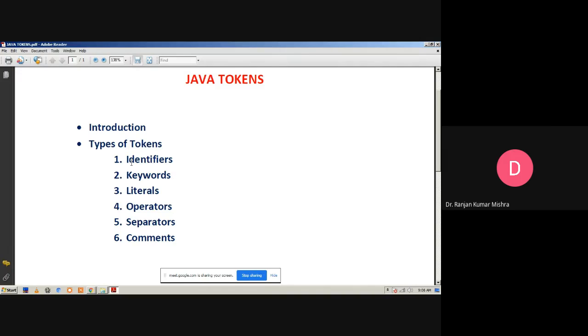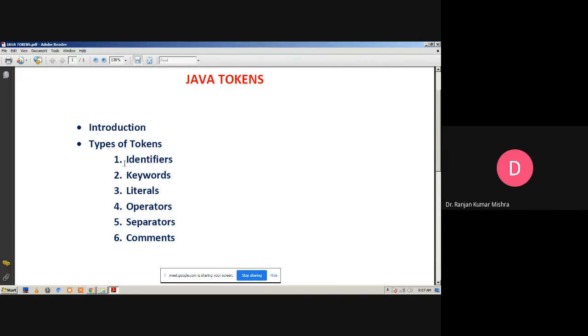Function and arrays will also be discussed in the future. Basically, an identifier is the naming convention for the name of a variable, function, or array. We already studied the naming convention of identifiers in C and C++. Now we move to the keywords.